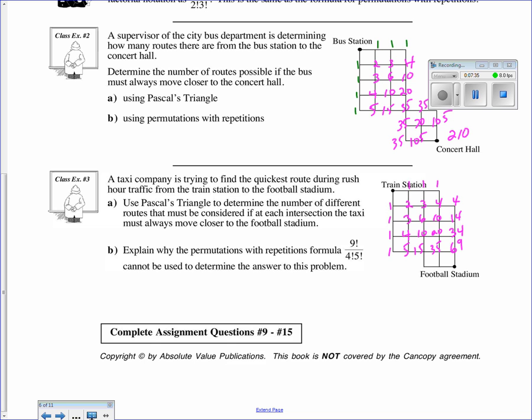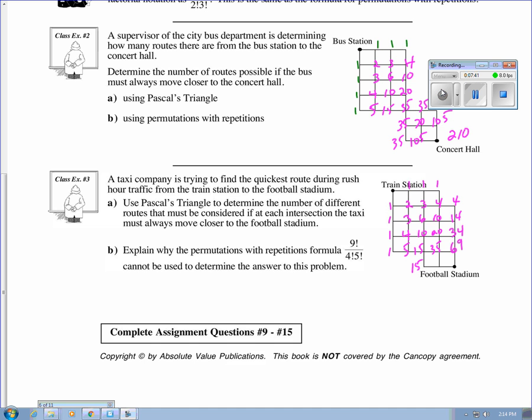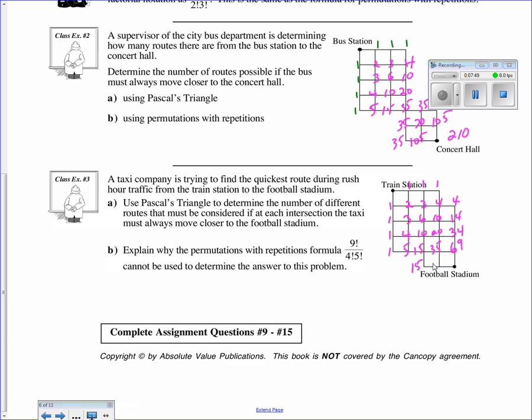And then I have to come to this spot here. What happens to get to this spot there? No changes. So it's 15 to that bottom corner. Then 15 plus 35 is 50. And then 50 plus 69 is 119 different ways to get down to that corner.